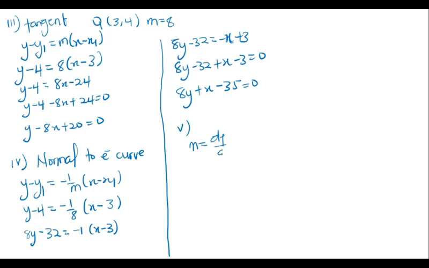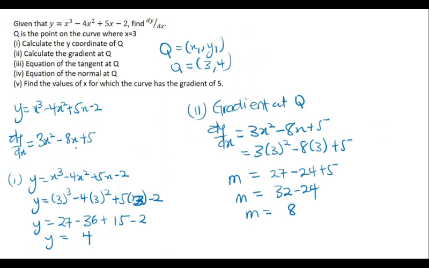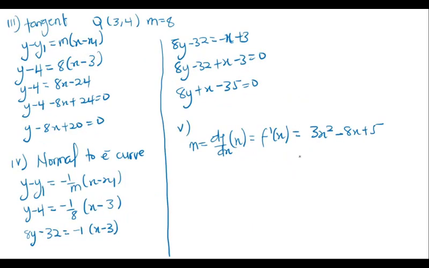The dy/dx when we input the value of x over here, or the f prime of x over here is equal to what? 3x squared minus 8x plus 5. This is the differentiation that we had when we differentiated the equation that we are given. So it's just the same thing that I'm writing over here.